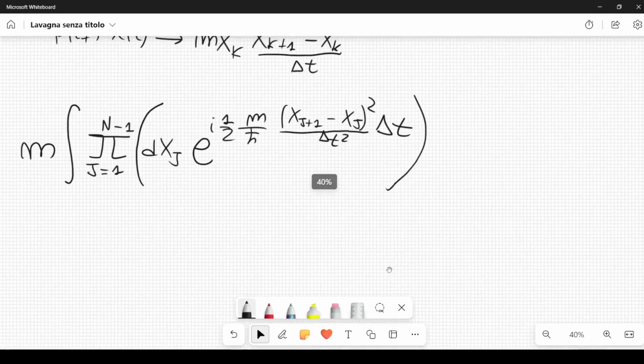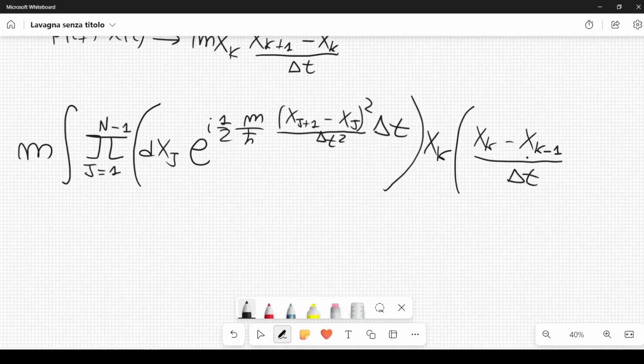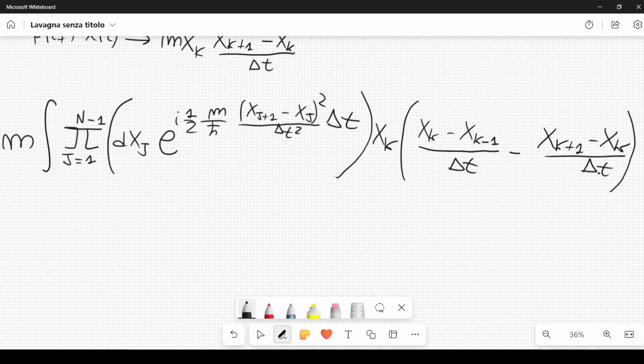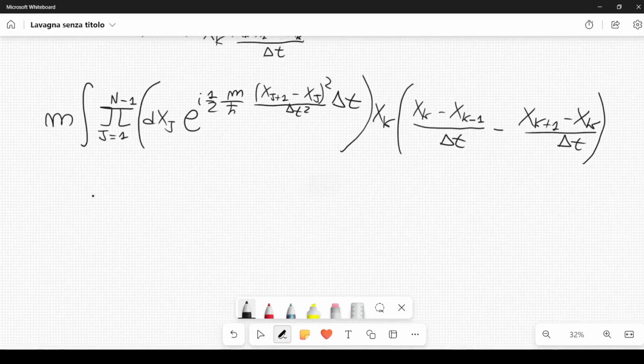Then, remember that we also have x sub k, which multiplies (x_k minus x_{k-1}) divided by delta t, and then minus (x_{k+1} minus x_k) divided by delta t. Now, we are going to focus only on the integral over dx_k, among all these integrals.